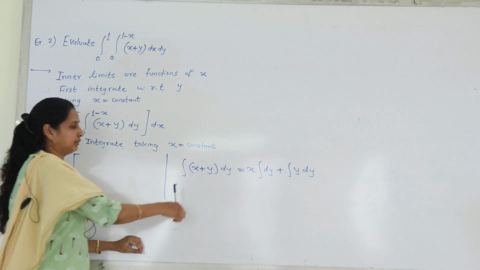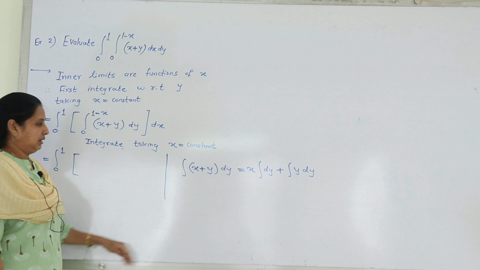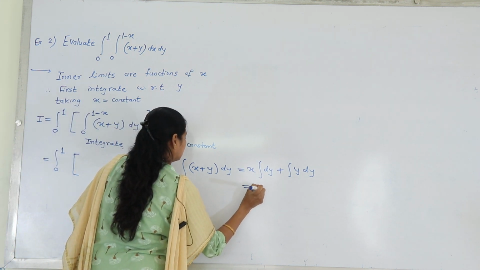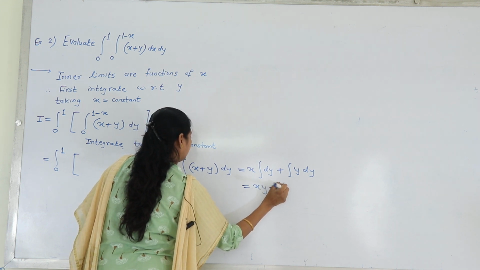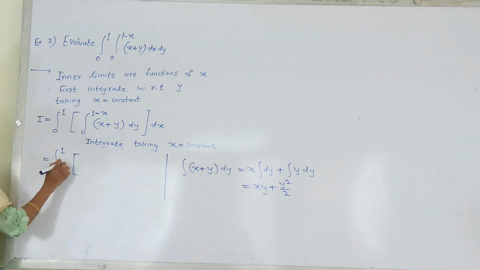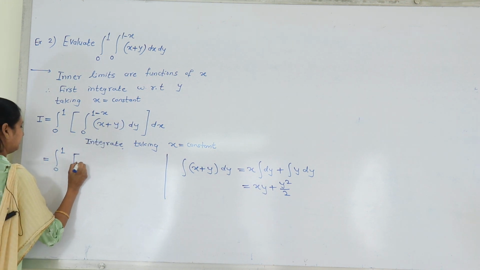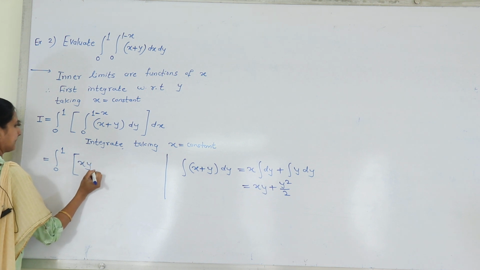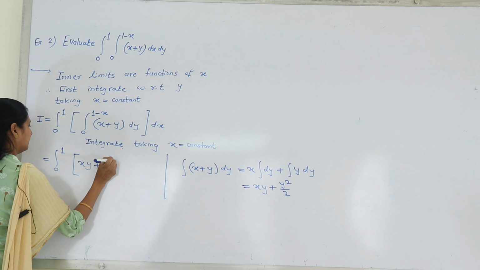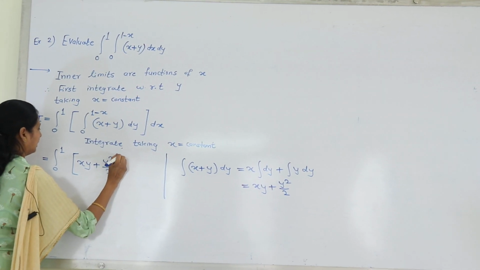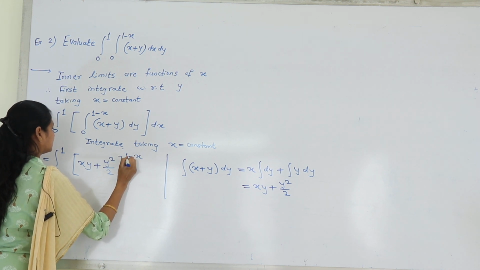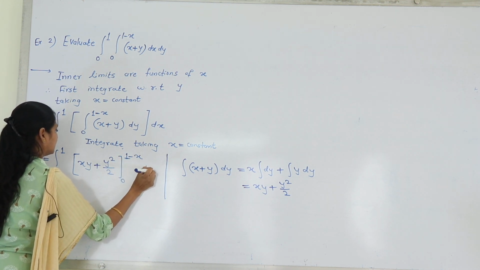X is constant, therefore x is outside. Integration of dy is xy, and integration of y is y square by 2. So first integration is xy plus y square by 2, limit 0 to 1 minus x, and dx as it is.